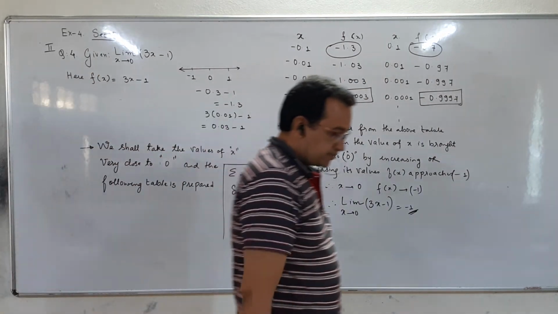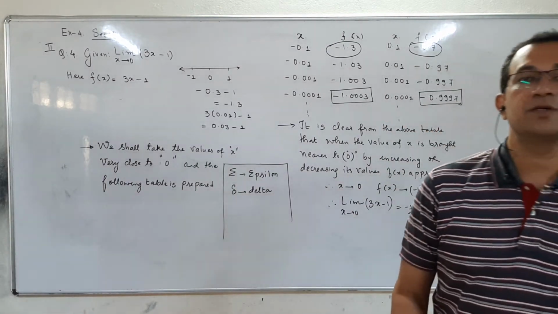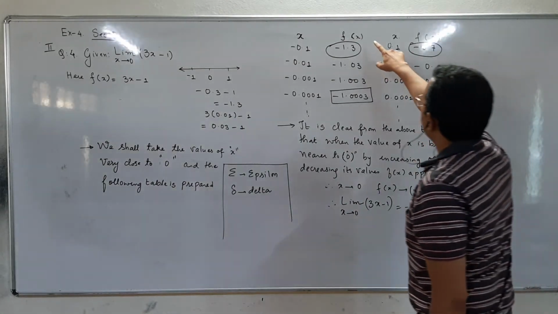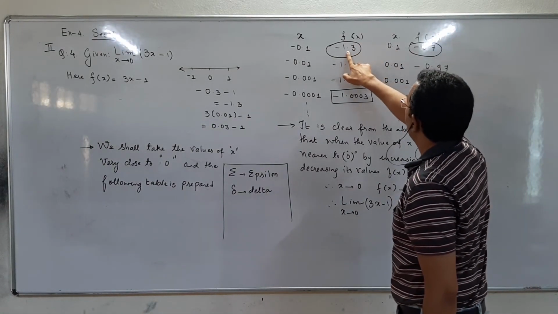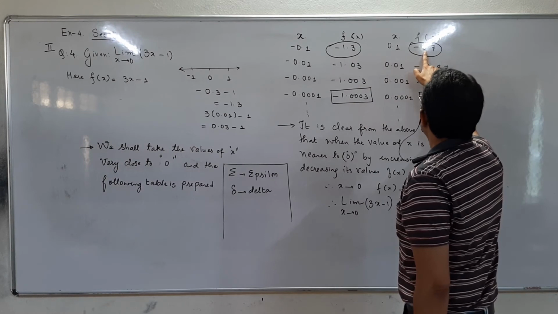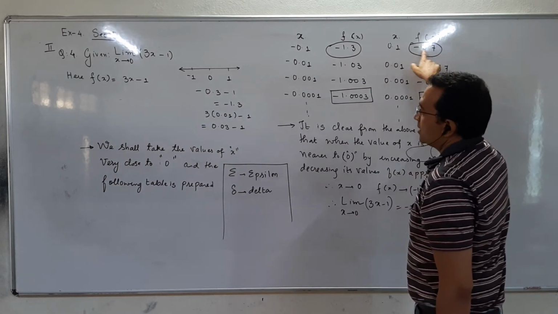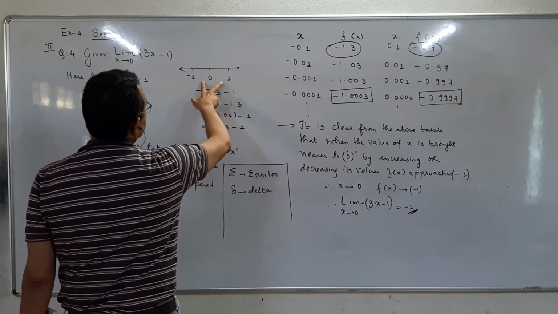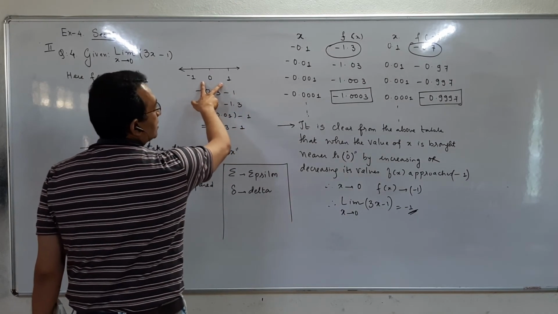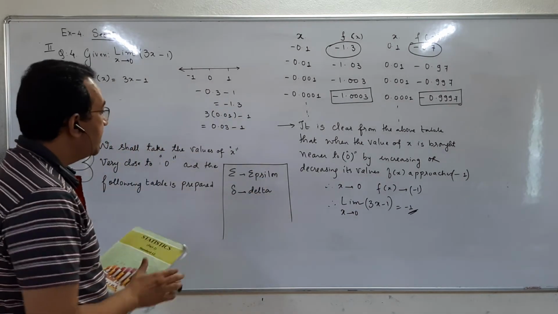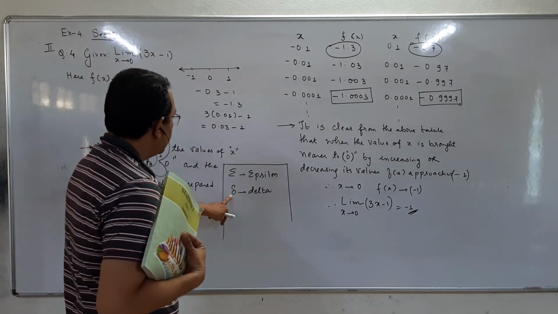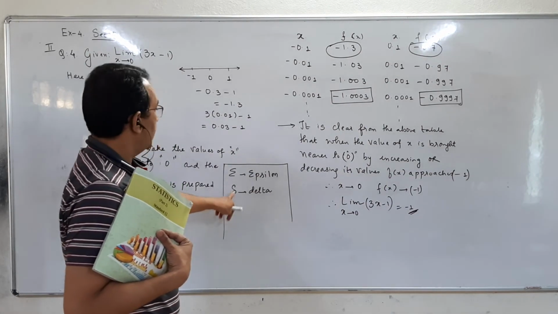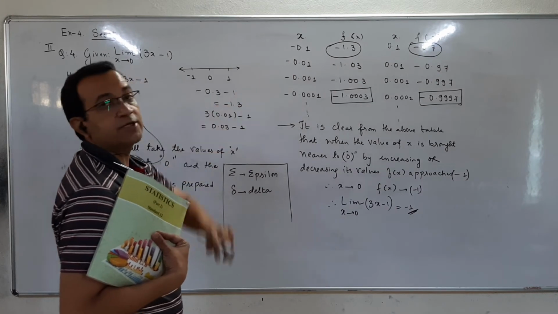So students, here all of you just pay attention that when my f of x has to be in the range minus 1.3 to minus 0.7, then the shifting of the value from either side of 0 is 0.1. So my delta will be 0.1 and my epsilon is 0.3.